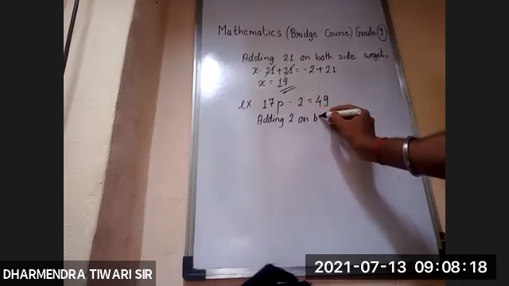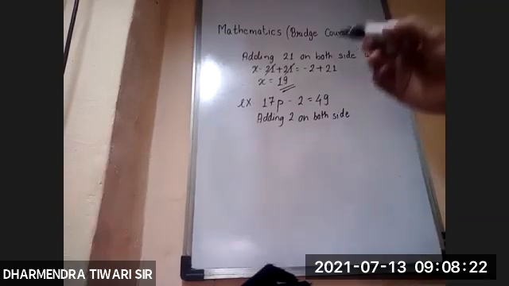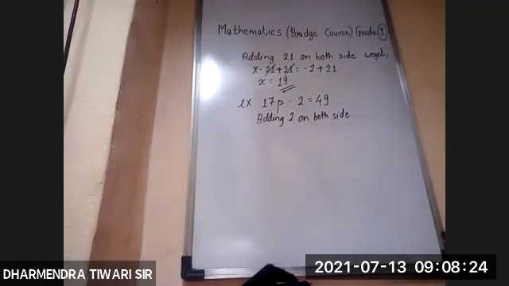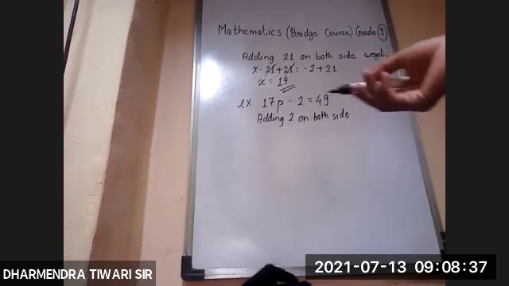Here we want to get the value of p. So we can get the value of p only if we take all the constants together and all the variable terms, the unknown terms, together. As we can see, the unknown term present is only one, that is 17p.